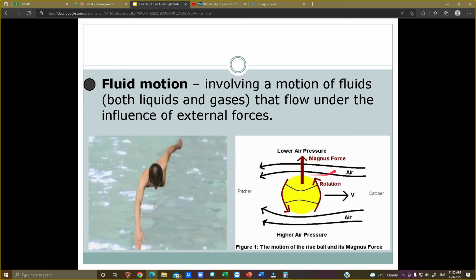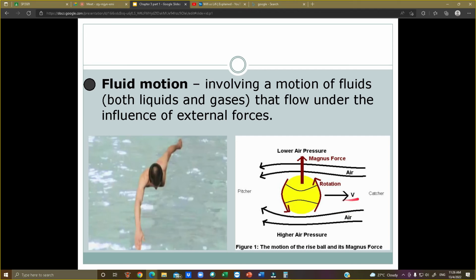Nah, ni Magnus effect. Okay, so Magnus effect occurs when there are differences between the rotation of the object and the movement of the air, the movement of the liquid. So we are going to have either a lift up ataupun a knuckleball.